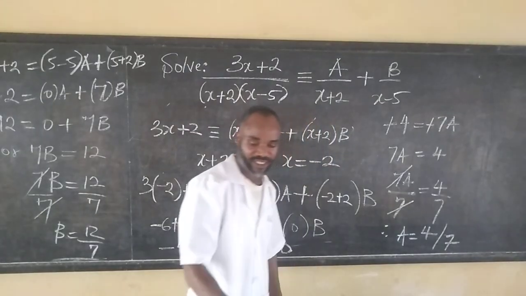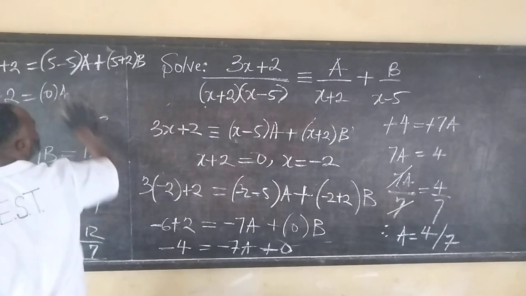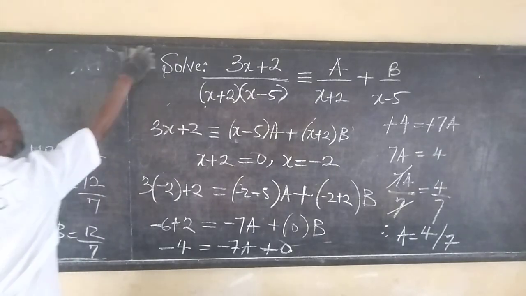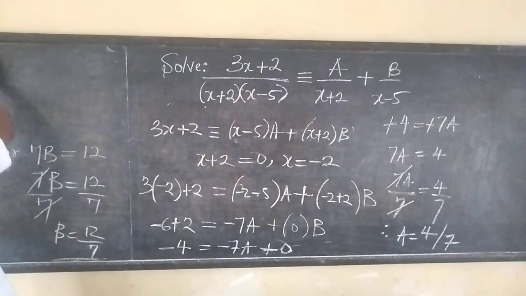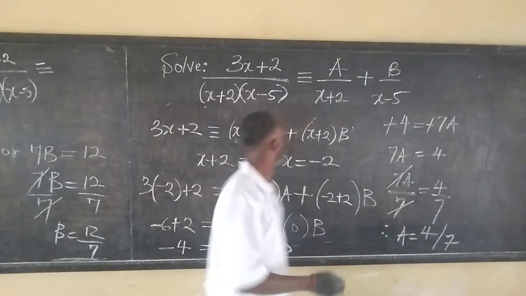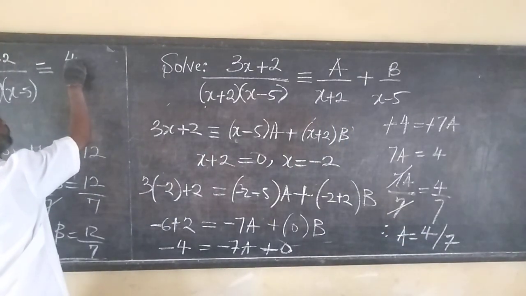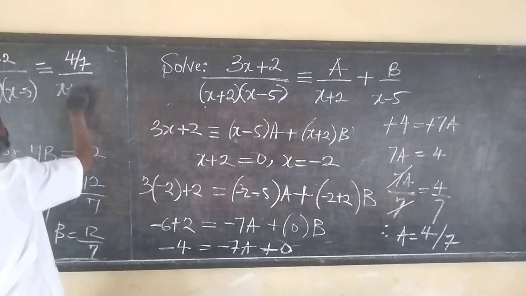With this, we can now summarize. In our summary, we write the general equation again: 3x plus 2 over bracket x plus 2, bracket close and open again x minus 5, is equivalent to the value of A, which is 4 over 7, all over x plus 2.